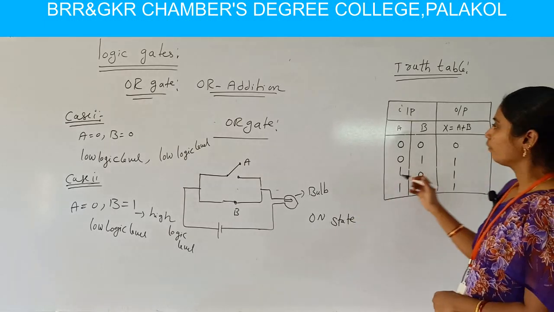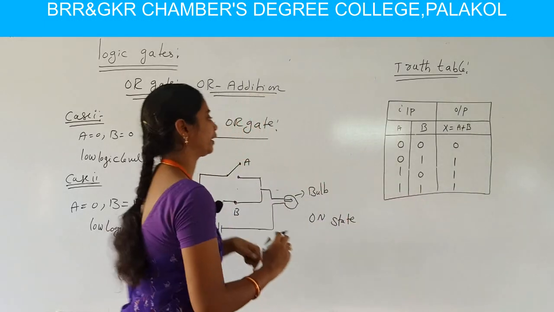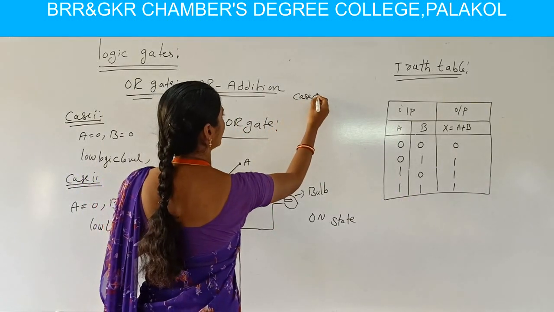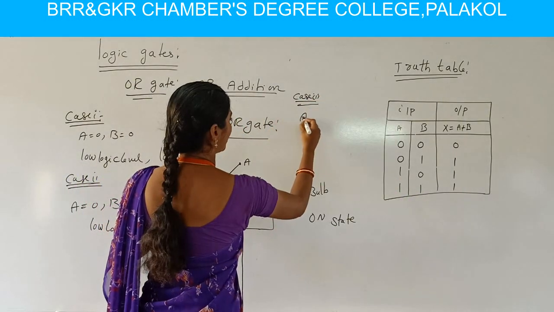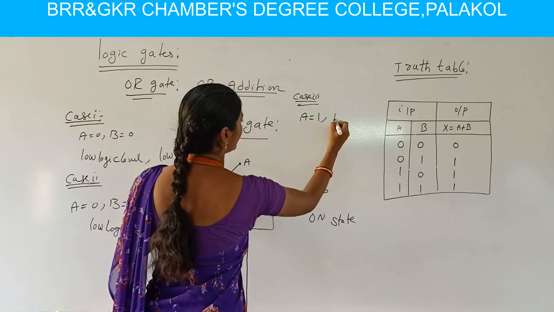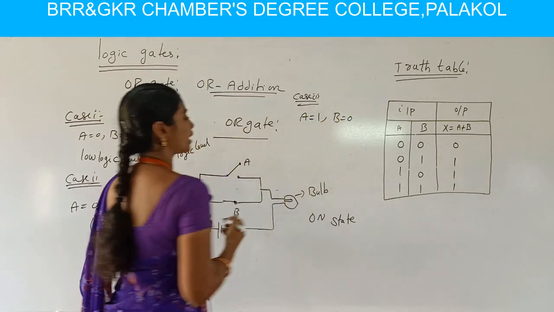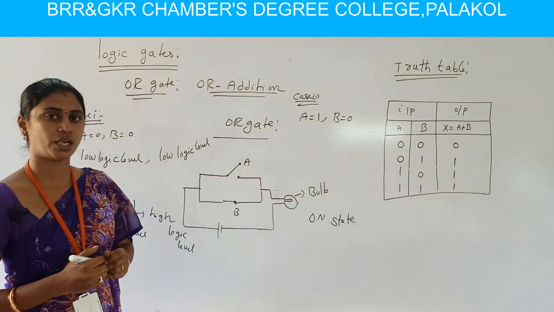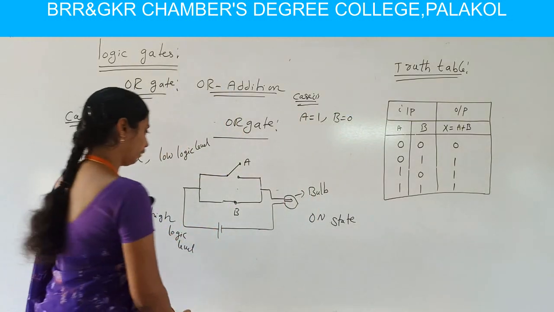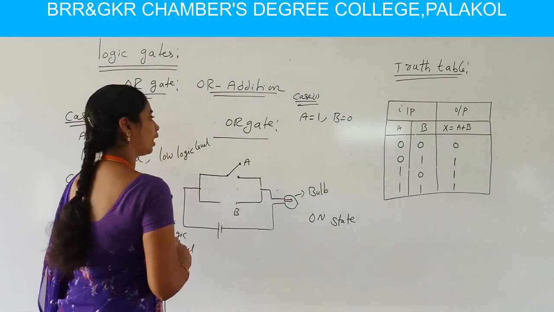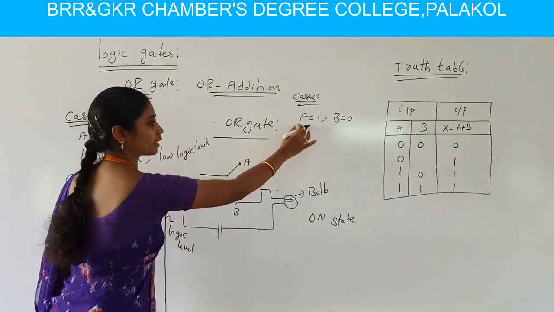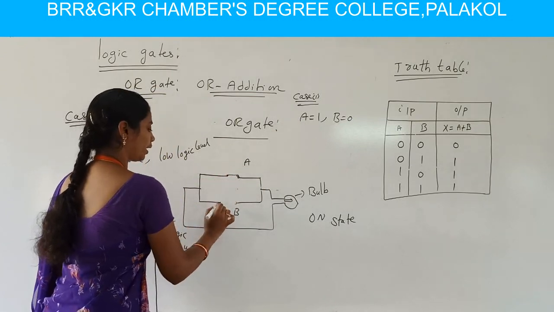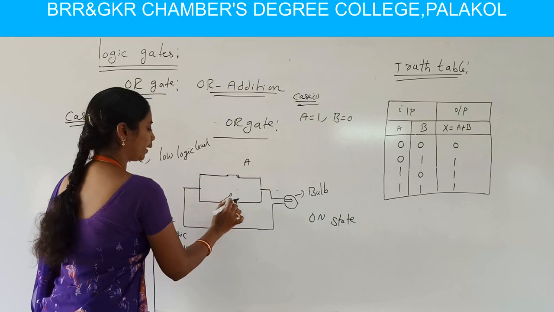Okay, case 3. In case 3, we are considering A as 1 and B as 0. It means A is in high logic state 1 and B is in low logic state 0. Whenever A is in high logic level, then automatically switch A is closed and switch B is in open state.